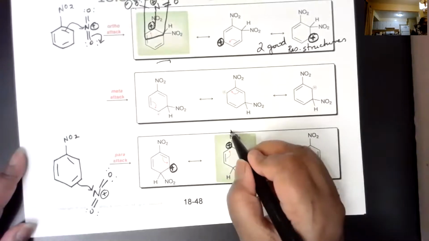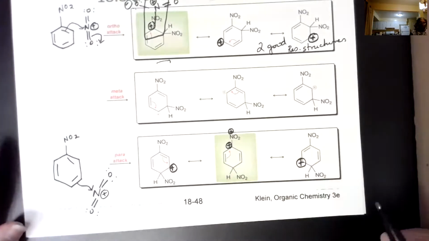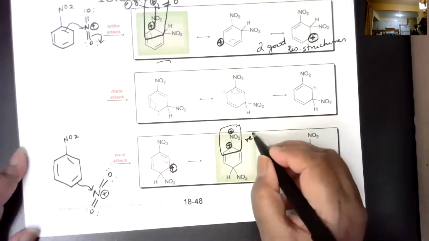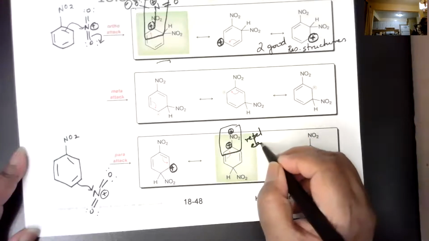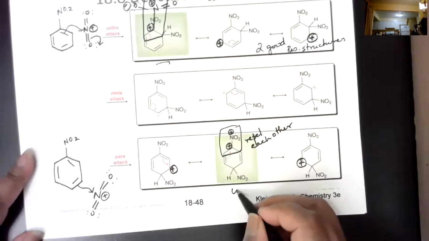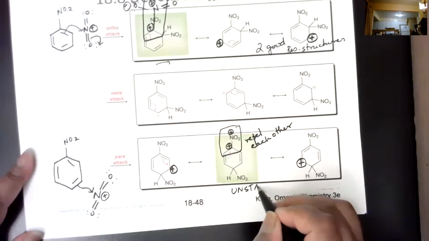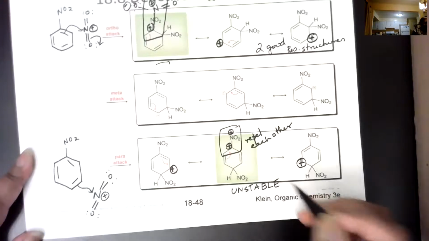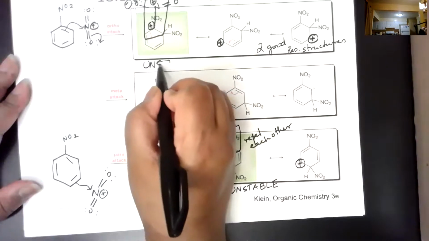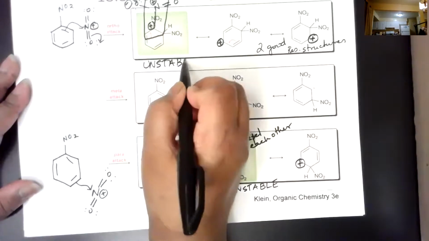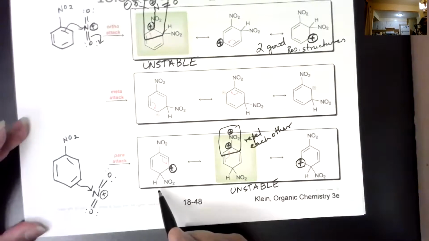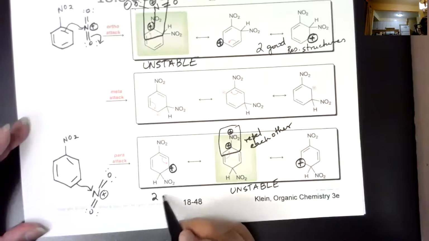Same thing happens, the nitrogen has a positive charge, and so the two charges repel each other. So this is an unstable resonance structure. I'm going to draw the same here. This is unstable. So then this leaves you with two good resonance structures.